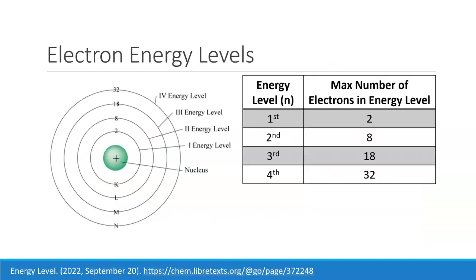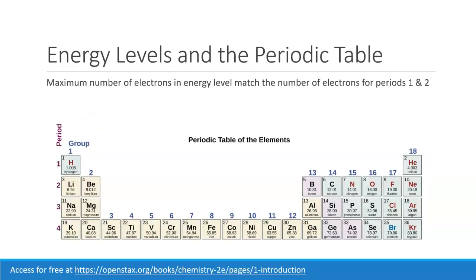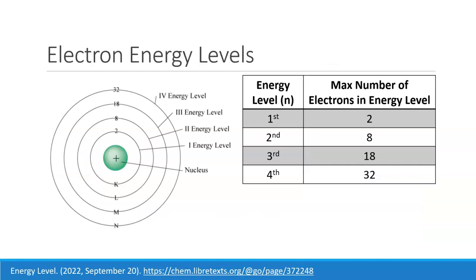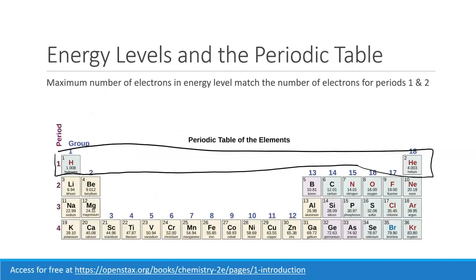So in the first energy level, remember that we have 2 electrons, and in the first period, if we count up the number of elements in that first period, we have 2, which again matches the number of electrons in the energy level.